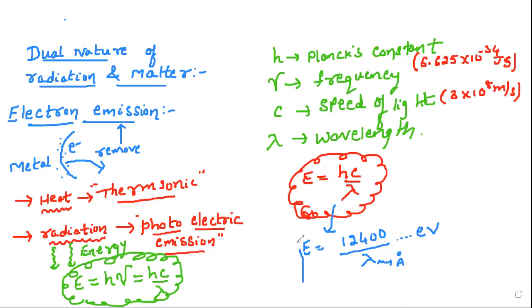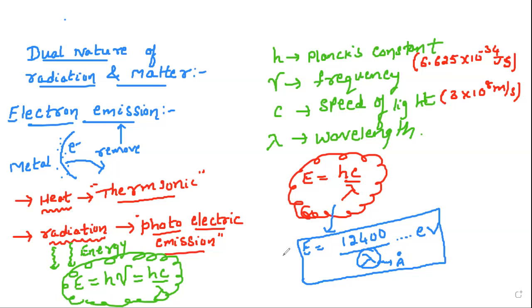So what is the shortcut formula for the energy? You can use 12400 divided by lambda. But be careful, this lambda should be substituted in angstrom. So whatever value you get must be in terms of electron volt. Isn't it? Clear?